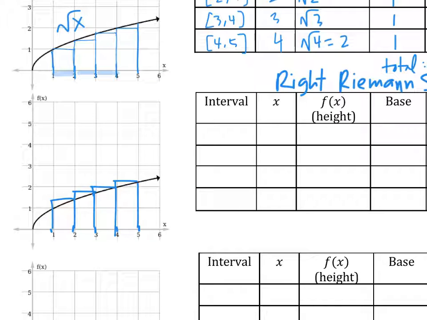If you can find the area without filling out the whole table, do that, because that's what I want you to do for homework. You don't need the entire table in order to solve this problem. All you need to do is somehow figure out what the area is for a right Riemann sum.